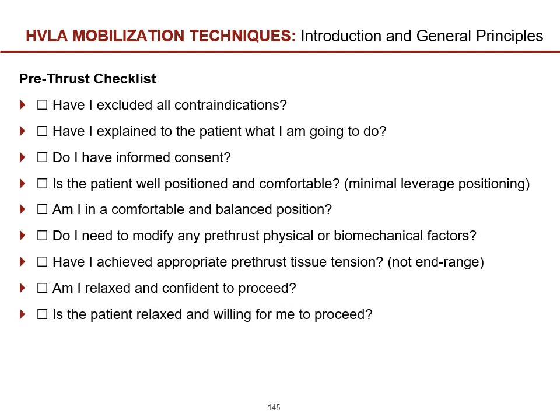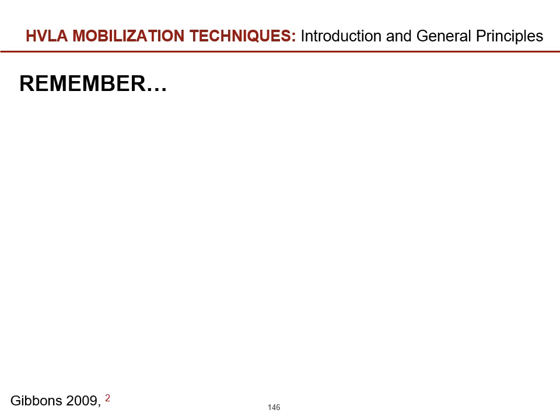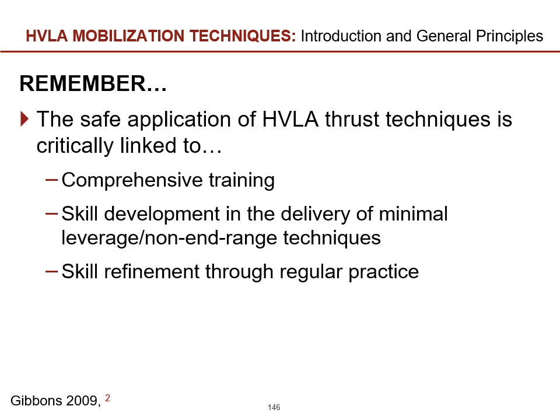And is the patient relaxed and willing for me to proceed? Remember, the safe application of the HVLA thrust techniques is critically linked to comprehensive training, skill development in the delivery of minimal leveraging / non-end range techniques, and skill refinement through regular practice.